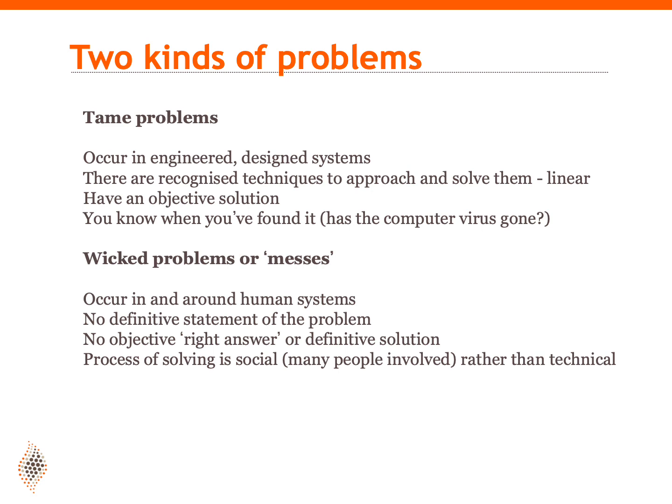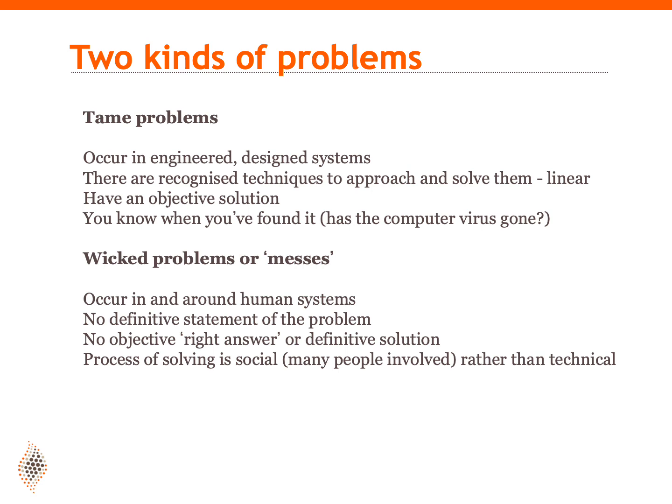So has the computer virus disappeared? Yes or no? Wicked problems occur in human systems and have no definite or definitive statement of the problem. Different people experience the problem differently. So let's go back to the spatial planning example I was giving you.